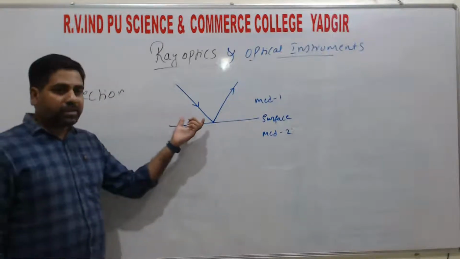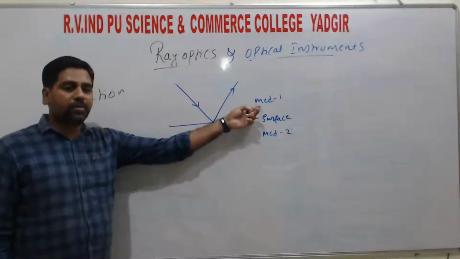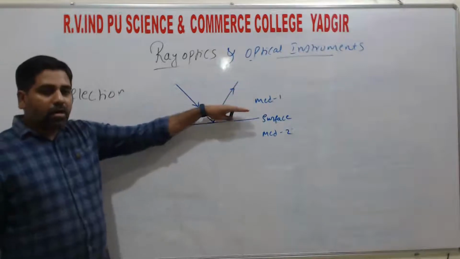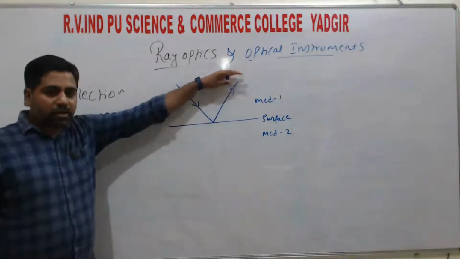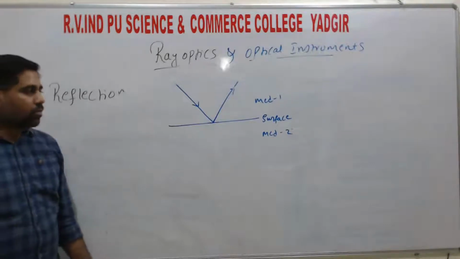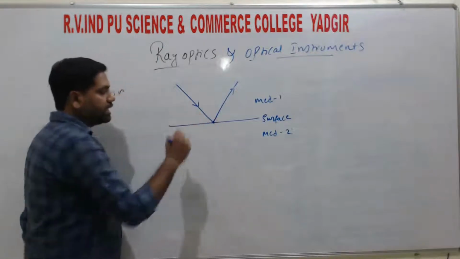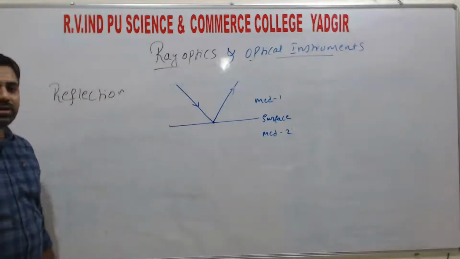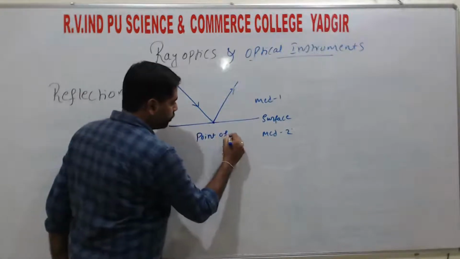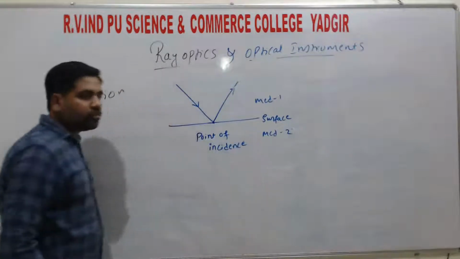So what is reflection? When a ray of light or a beam of light incident on the surface which separates the two mediums, then some part of the light or beam is sent back to the same medium, so that phenomenon we call reflection. Now the point where the incident light falls onto the surface, that point we call the point of incidence, right?